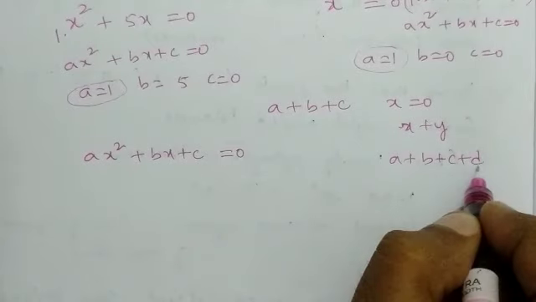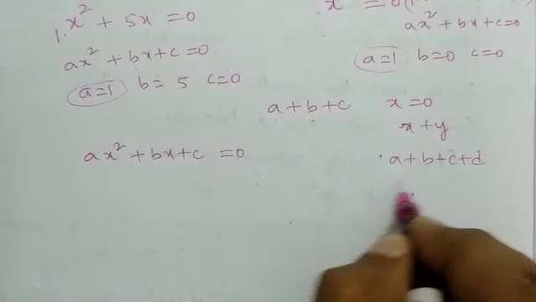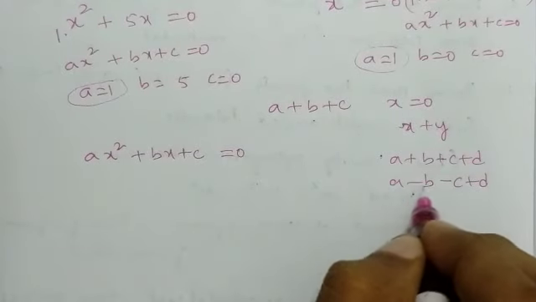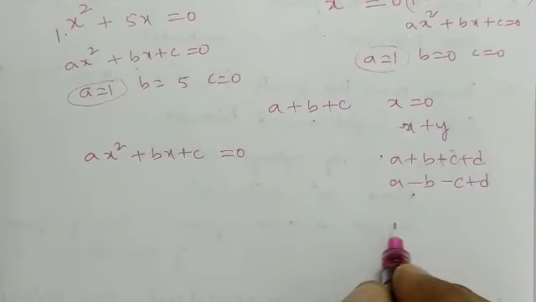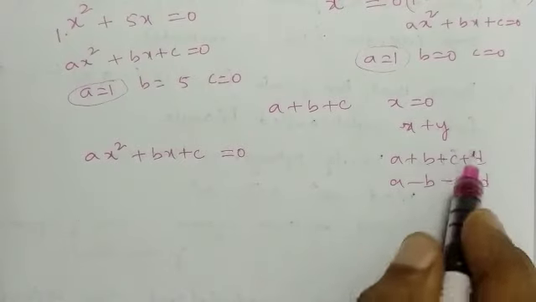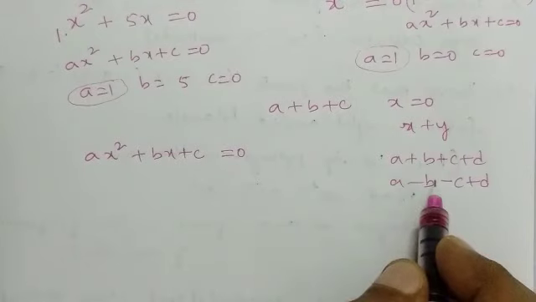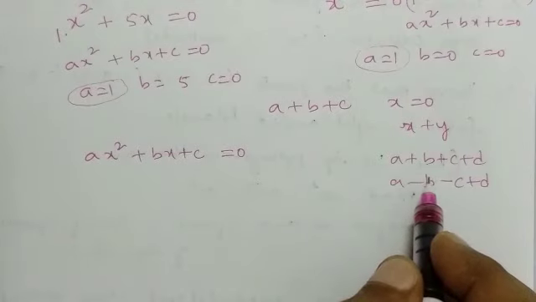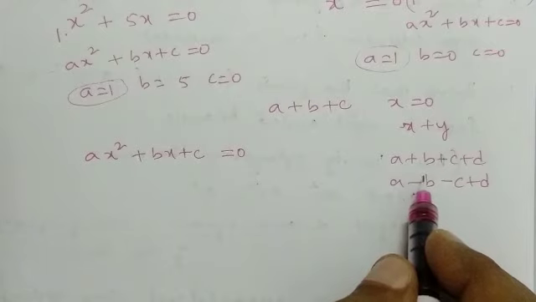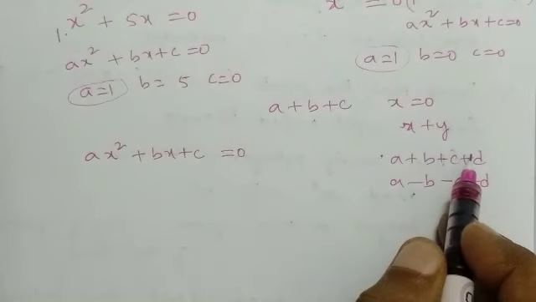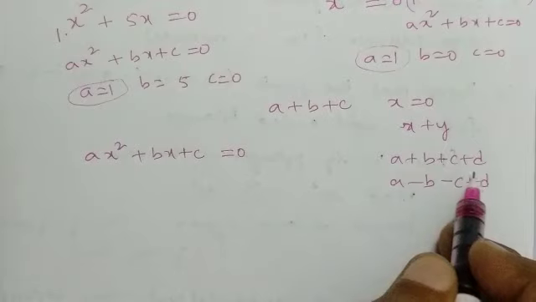How many? 4. So, a minus b minus c plus d: 1, 2, 3, 4. These are called polynomials. If you have 4, 5, 6, 7, whatever the number of terms, if you have more than 3, in general we call it a polynomial.